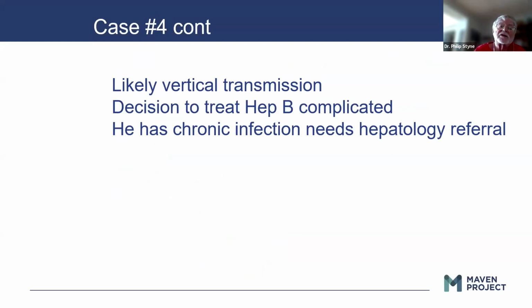Likely vertical transmission. The decision to start patients on hepatitis B treatment is complicated. The reason is because the treatment is not a cure. It is a suppression of viral replication. The idea is that by suppressing chronic infection, we can reduce fibrosis and also reduce the risk of hepatocellular carcinoma.